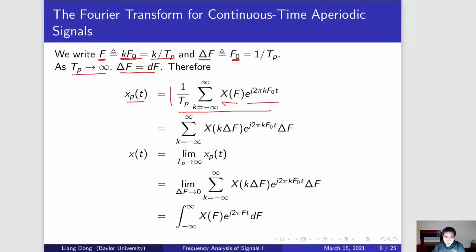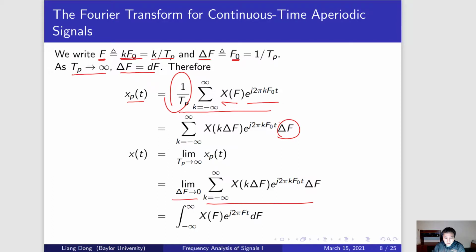So with this normalized term, we know that is our delta f. An aperiodic signal, x(t), is the limit when T_p approaches infinity of x_p. So we plug in this equation on the limit when delta f approaches 0.